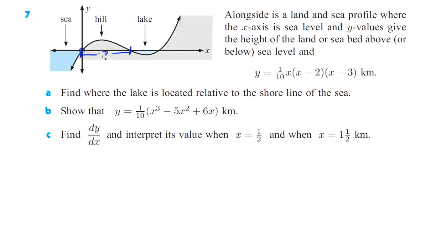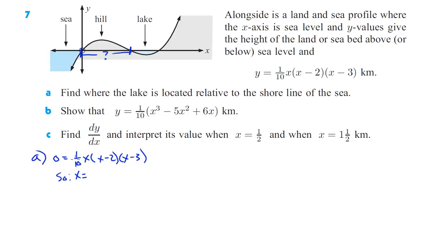So basically, since we know that the lake is right here at sea level, we need to take this equation and set y equal to 0, because the y has not gone up or down. It's right along the x-axis. So we'll do 0 equals 1/10 x times x minus 2 times x minus 3. Basically we got to figure out what makes each of these 3 pieces equal to 0.